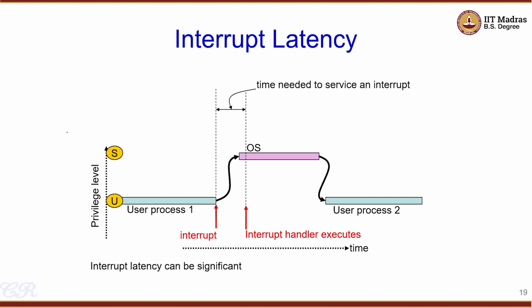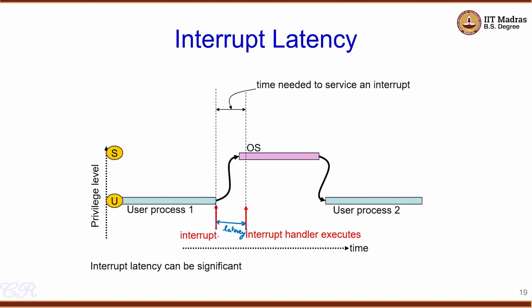We call this the interrupt latency. We have the user process executing and an interrupt occurs at this particular point, and the time taken from the point where the interrupt occurs to the point where the interrupt handler executes is called the interrupt latency.